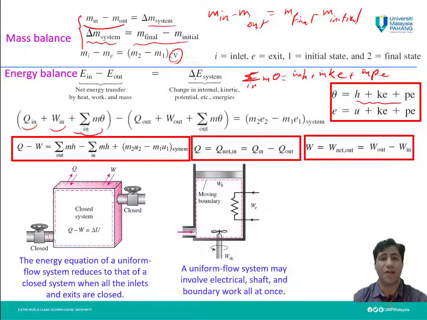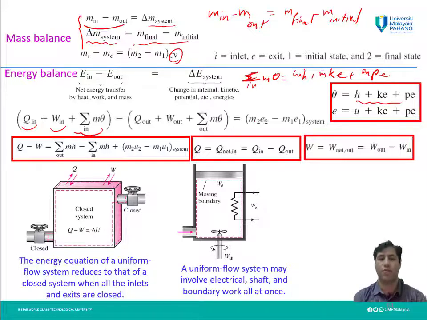And delta E of the system is M2 E2 minus M1 E1 for the system, where E is equal to U plus KE plus PE, where E is the total energy of the system, and U is the internal energy, the microscopic energy, while KE and PE are the macroscopic kinetic energy and potential energy.